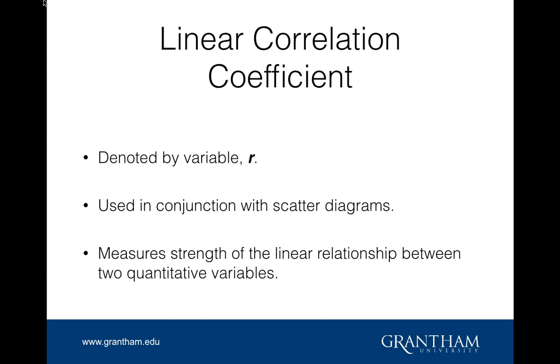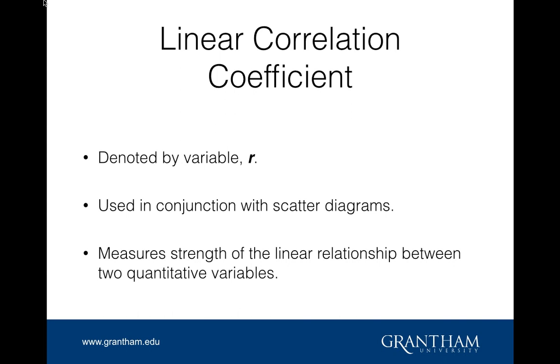Now, as a review, the linear correlation coefficient is also denoted by the variable r. It's spoken about in your book. R can take on any value between -1 and +1 inclusive. Any R value that's close to -1 means that the relationship between the two variables is negative.